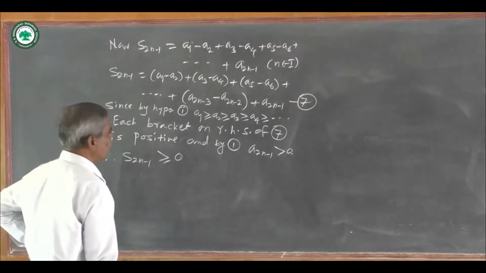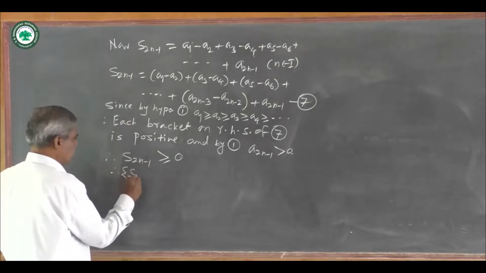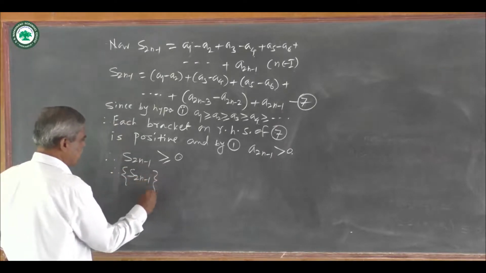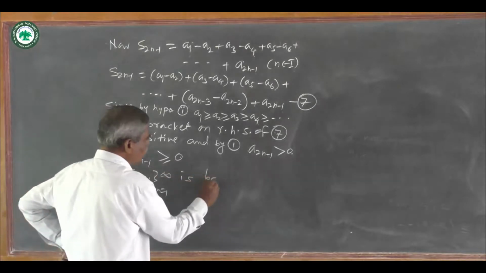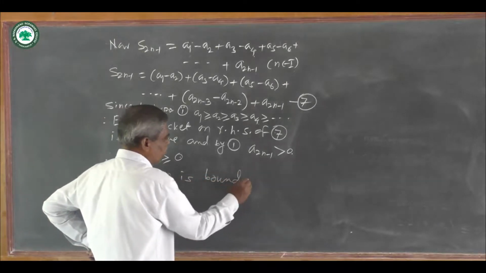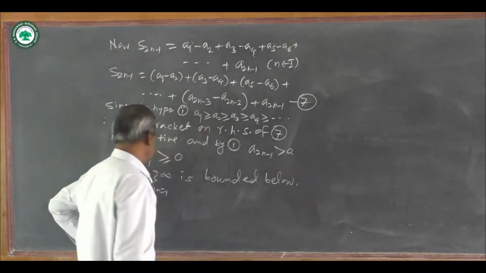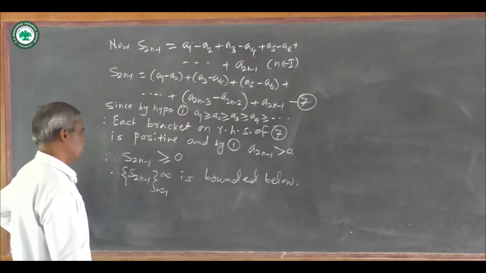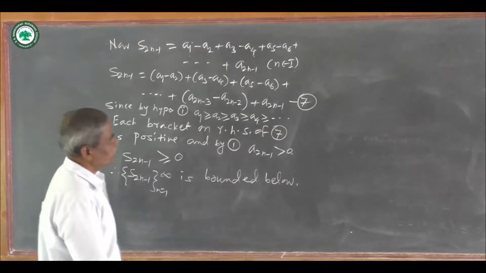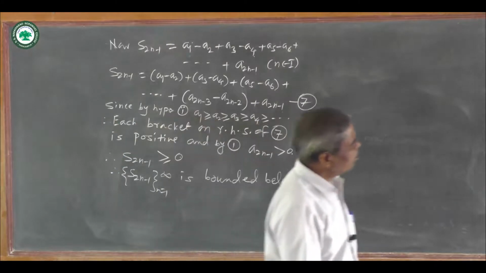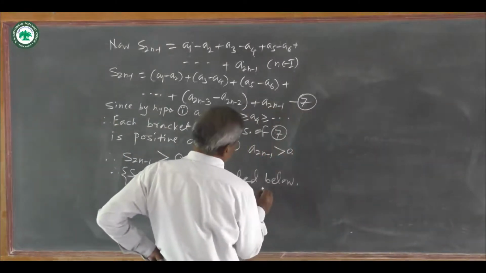Therefore, the sequence S suffix 2n minus 1, n equal to 1 to infinity, is bounded below. This is, say, 8.